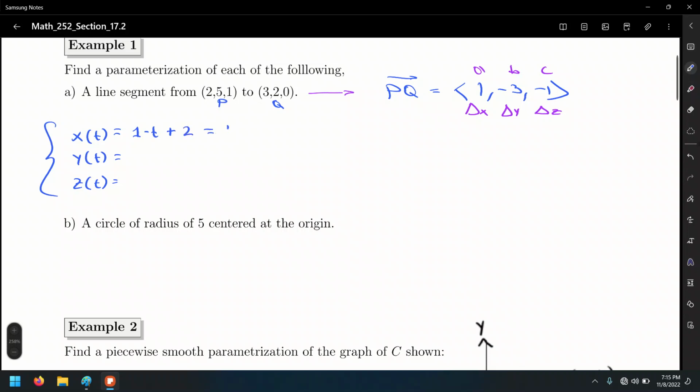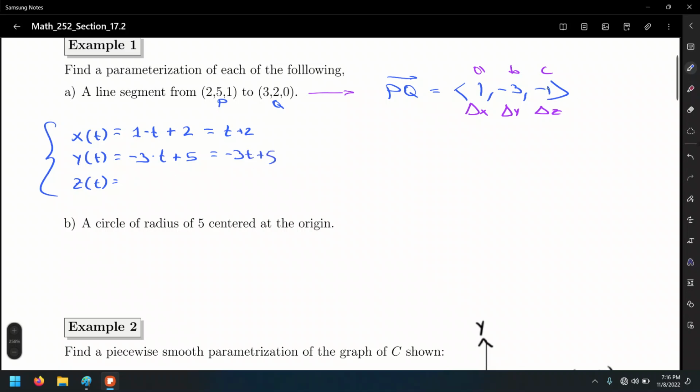That's going to give us t plus 2. Then we do the same for the y equation. That's going to be -3, which is the y component of the vector containing those 2 points, times t, plus the y value of the initial point, which in this case is 5. So that's going to give us -3t plus 5.